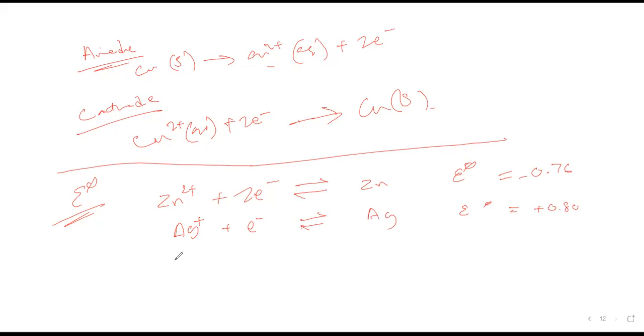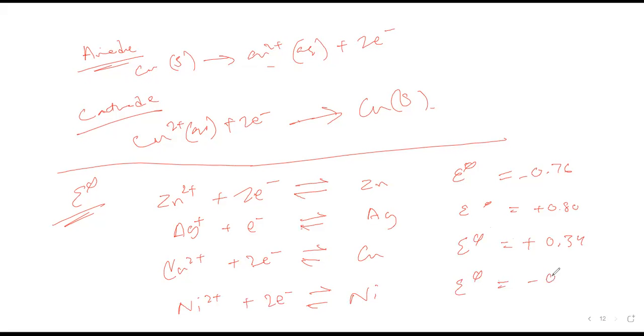Then we have copper, with electrode potential equal to positive 0.34 volt. And finally we have Ni2+ plus 2e- going to Ni, or nickel, having a potential value of negative 0.25.